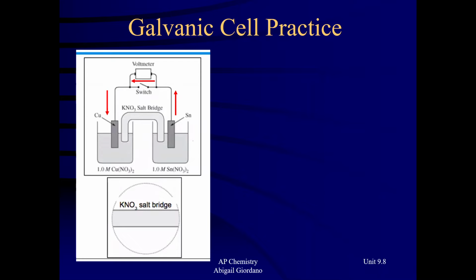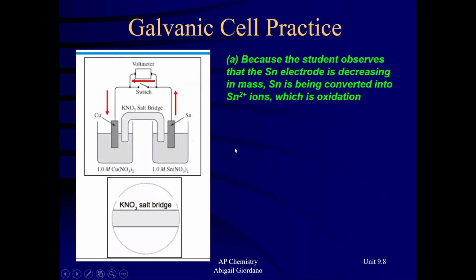Remember, guys, electrons always flow from anode to cathode. Anode is where oxidation is taking place. So I said, because the student observes that the tin electrode is decreasing in mass, those tin atoms must be being converted into tin ions, which is oxidation.